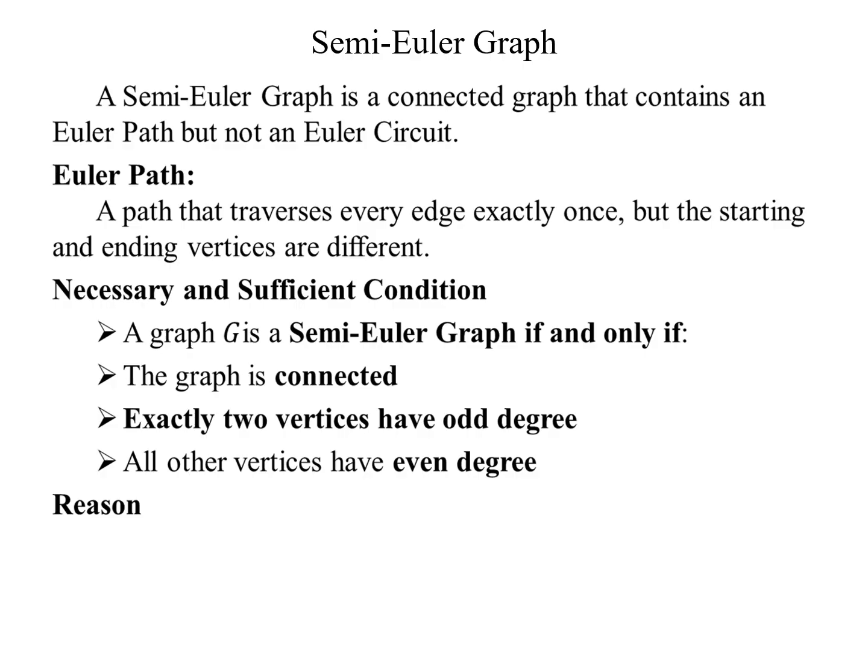And next graph, semi-Euler graph. A common example of a semi-Euler graph is a house-shaped graph. It looks like a square with a triangle on top.